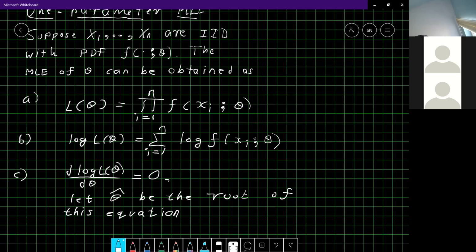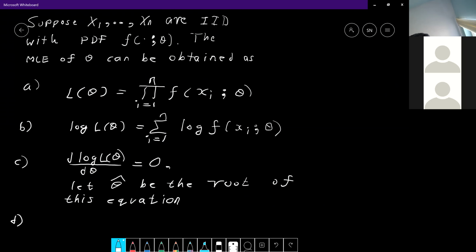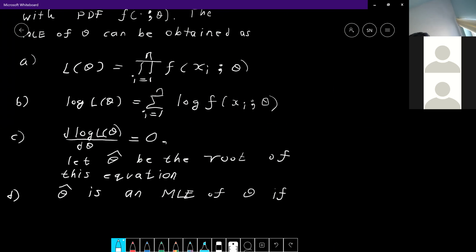And the final step, D, is that theta hat is an MLE of theta if the second derivative at theta equal to theta hat is negative.